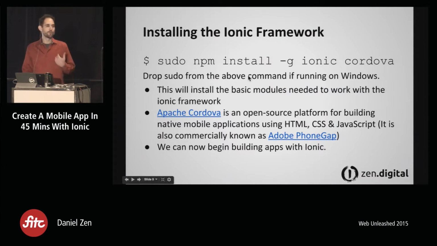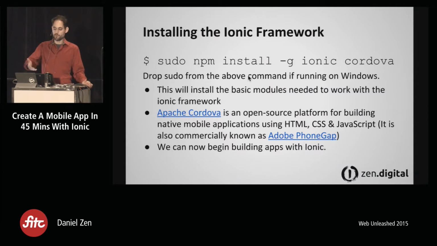So I've already done this. But if you were to install Ionic, you also need Cordova. Cordova is also sometimes known as PhoneGap. You might have heard Adobe now owns the license to PhoneGap, so Apache now has the open source version, which is called Cordova. So using the Node Package Manager, or NPM, we can install globally with the -g flag Ionic and Cordova.